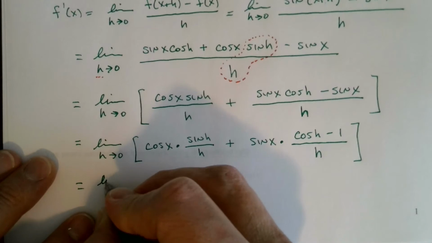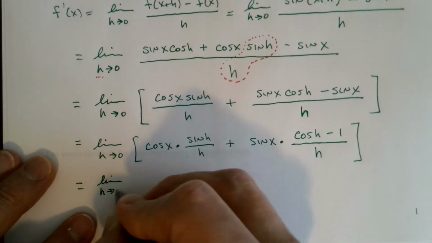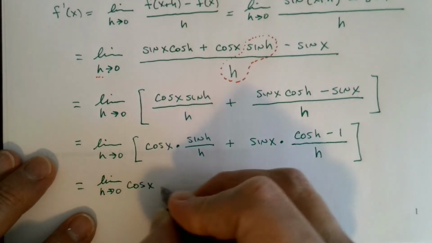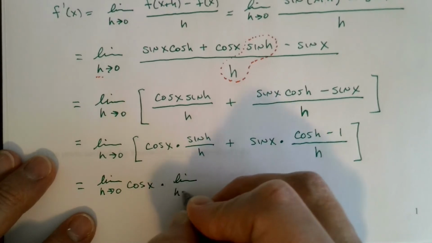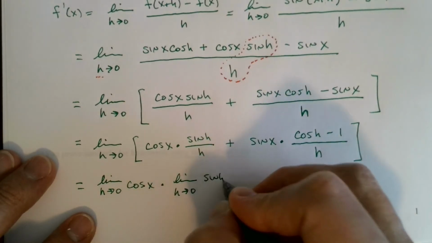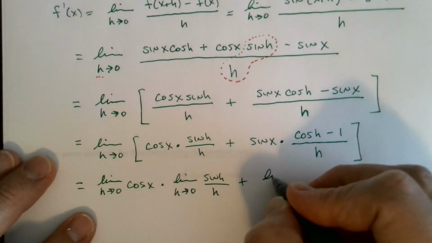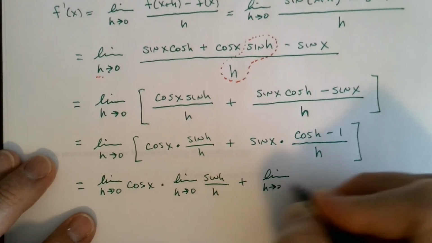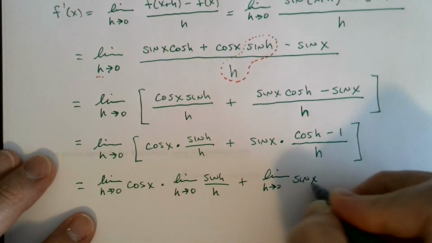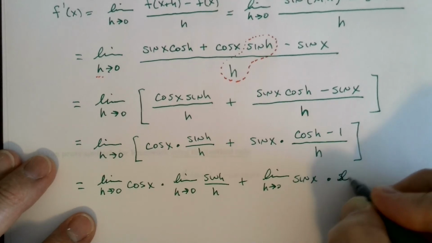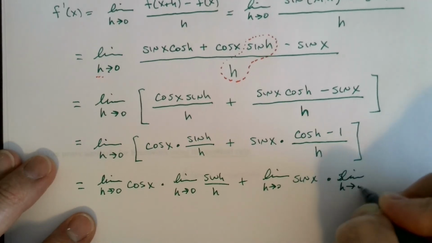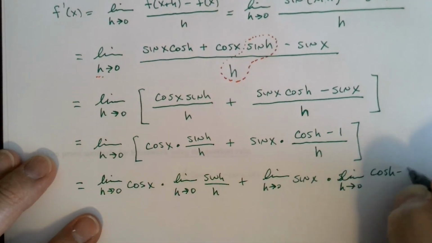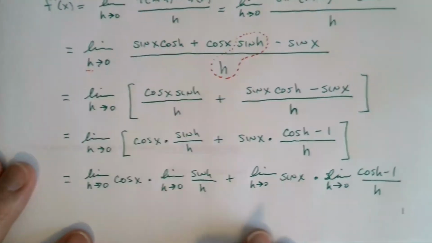And so let me just write all those limits out. This will be the limit as h goes to 0 of cosine x times the limit as h goes to 0 of sine h over h, plus the limit as h goes to 0 of sine of x times the limit as h goes to 0 of cosine h minus 1 over h.